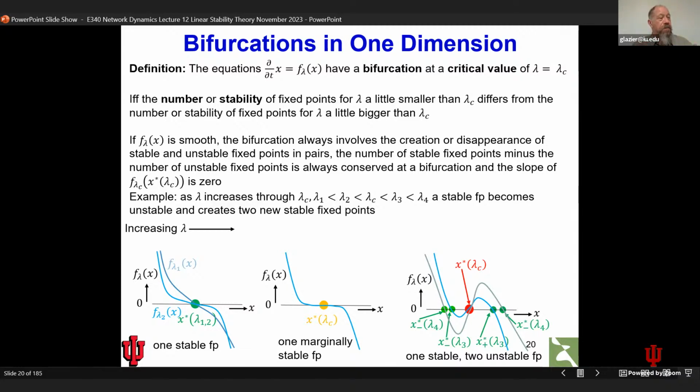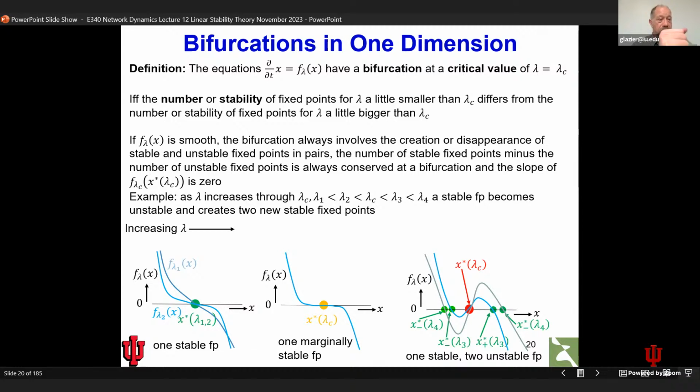As I increase lambda more, the values on the left are coming down. The values on the right are coming up. There'll be some critical point again where just at the fixed point, I'm tangent to my x-axis. And so my fixed point goes from being stable to being marginally stable.